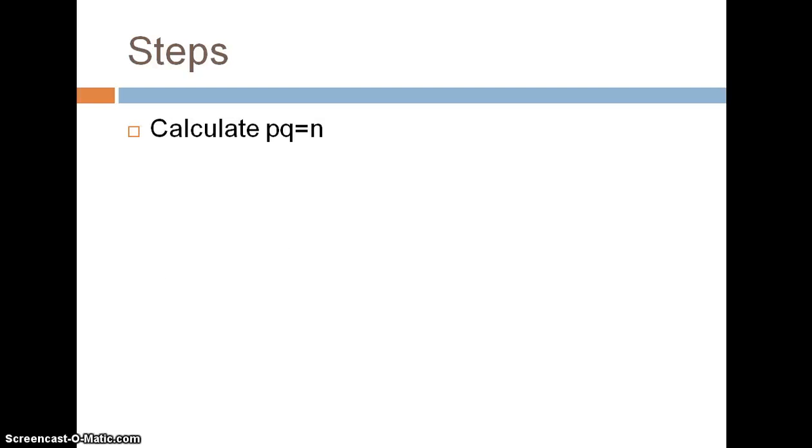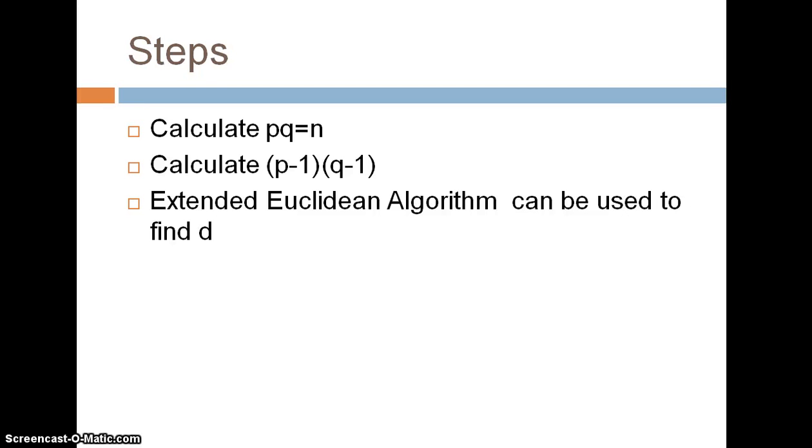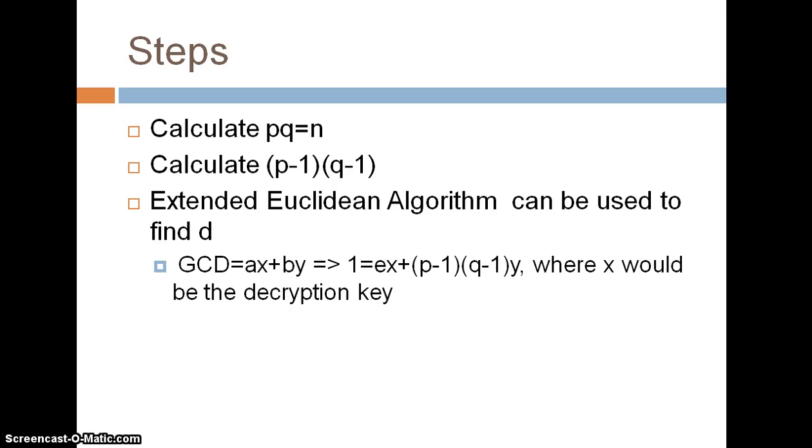So the steps my program does is it calculates P times Q, which is n. It calculates P minus 1 times Q minus 1. And then the extended Euclidean algorithm could be used to find D, which, to remind you from what we went over in class, the extended Euclidean algorithm writes the GCD of two numbers a and b as ax plus by, where x and y would be integers.